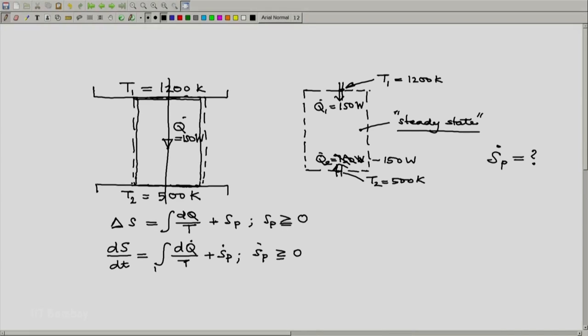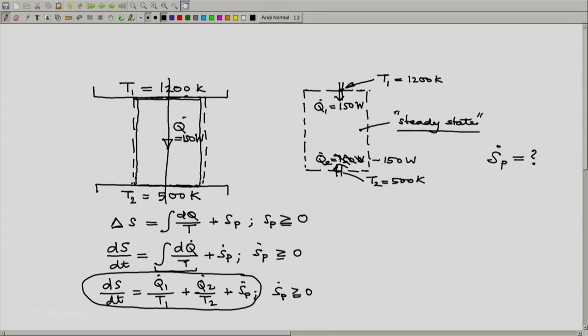Now, expanding this term, we will get dS by dt equal to, this Q dot is at two places, one at the top which is Q dot 1 by T1, the second part would be plus Q dot 2 by T2, plus S dot p, with the second law being S dot p greater than or equal to 0. Now, notice that in this relation, steady state, so dS by dt is 0.